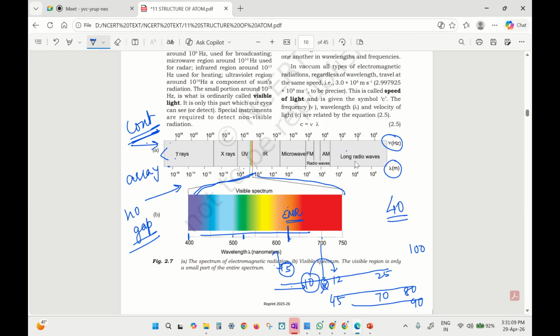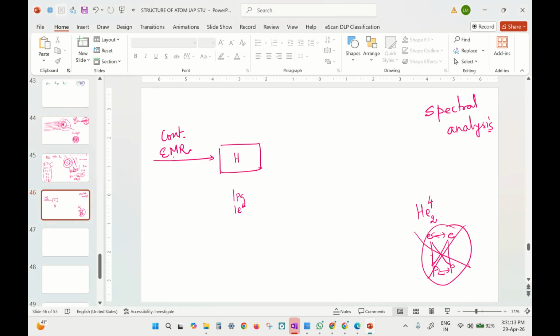Okay, now coming back. This electromagnetic radiation is given to the hydrogen atoms. Okay, and the response is seen. When we looked at the response, there was emission, there was some part of the electromagnetic radiation which came out immediately. What came out immediately was arranged.